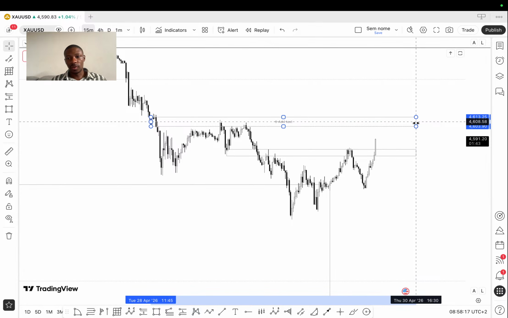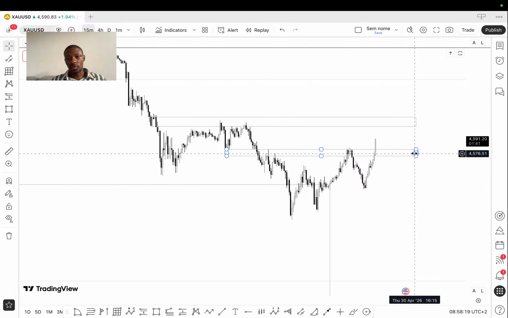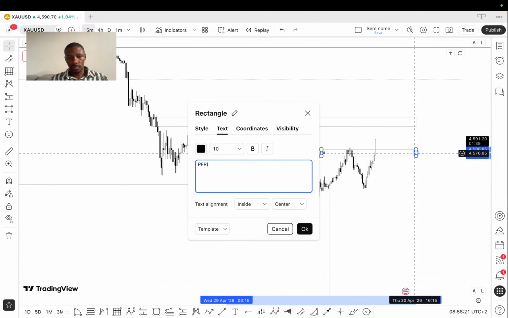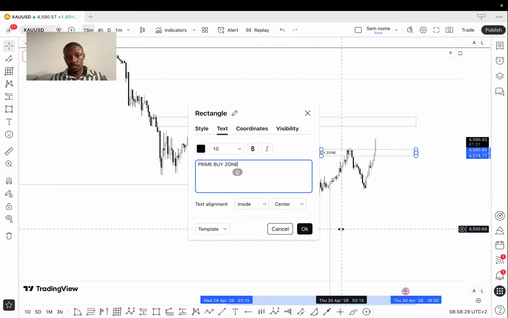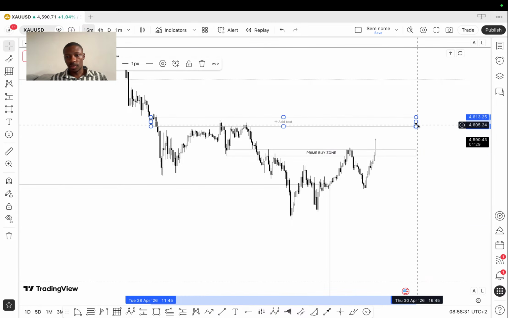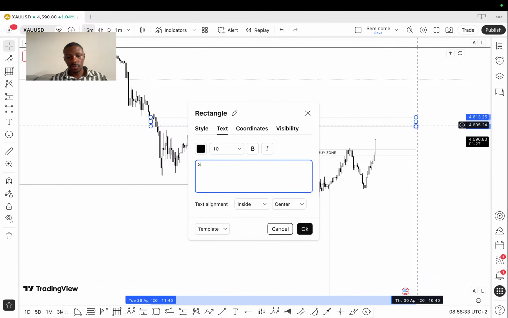This is our prime buy zone, and then this is our secondary buy zone. So prime buy zone, secondary buy zone.